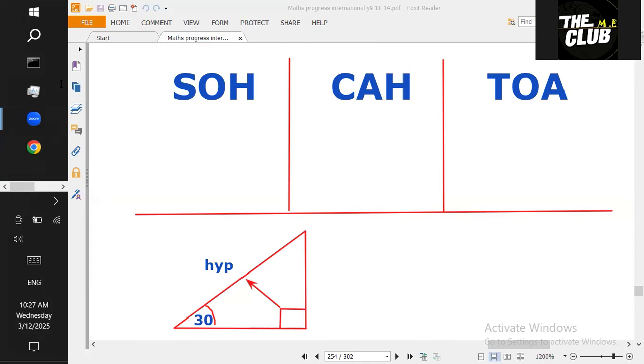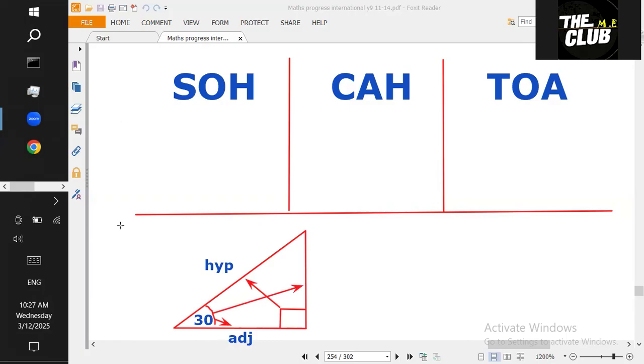So the line next to the angle, which is attached to the angle, it's touching the angle here, is called the adjacent. So ADJ. And the line opposite to the angle, which is over here, is called what? Very good.